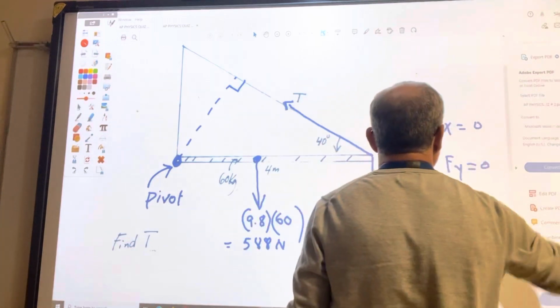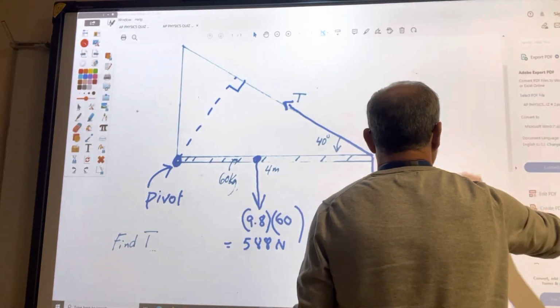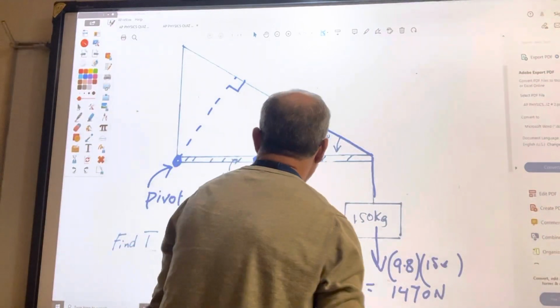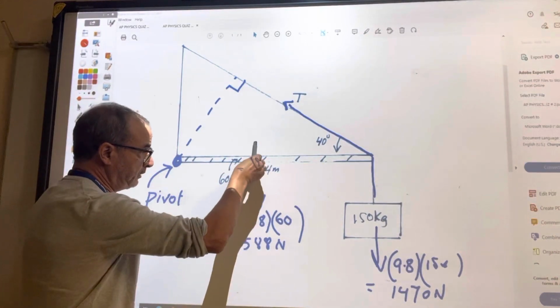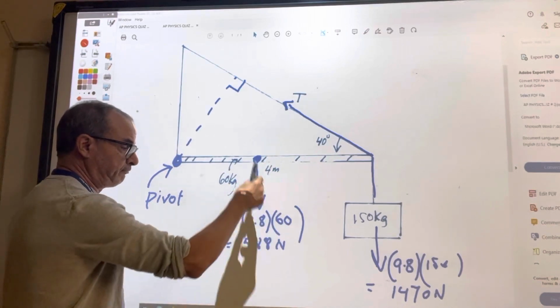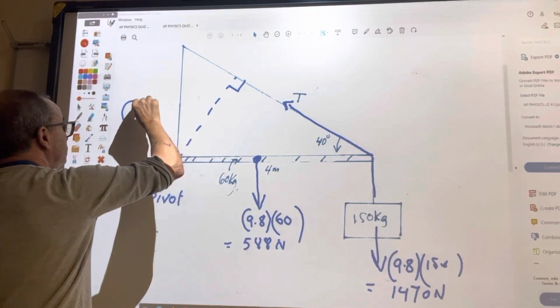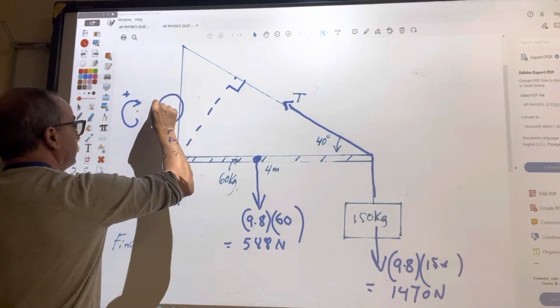Let me erase this. So we have 588, which is perpendicular to the distance to the pivot. Let's call this positive torque, and let's call this negative torque.